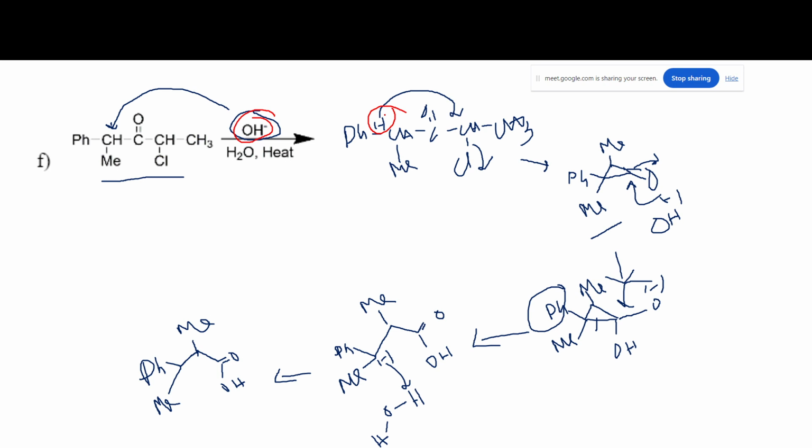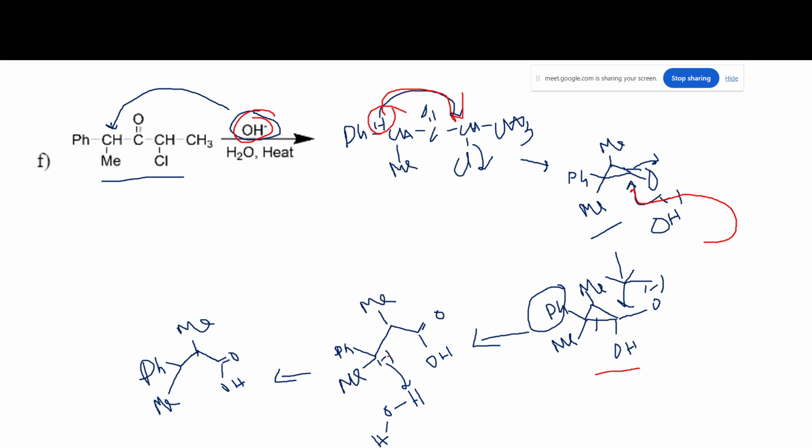Now this negative charge will attack here and ultimately you are forming this, which is the carbonyl and Ph, and this is your methyl that was already there. Now this atom will attack here, it will become a carbonyl again and it will become C double OH.